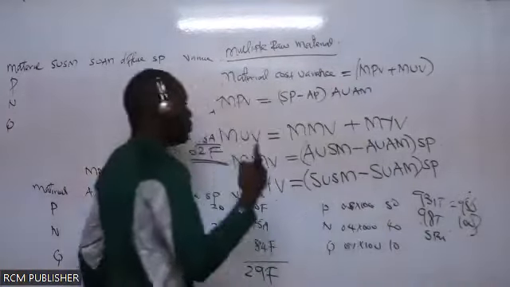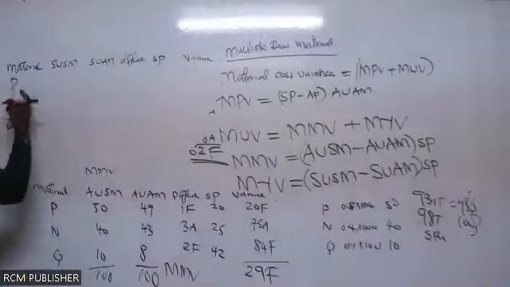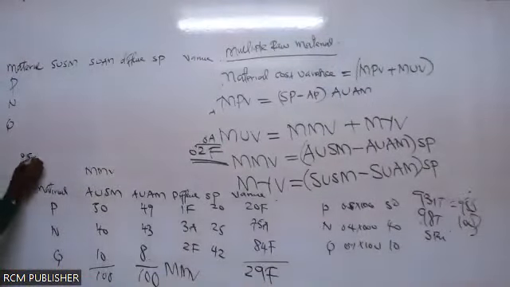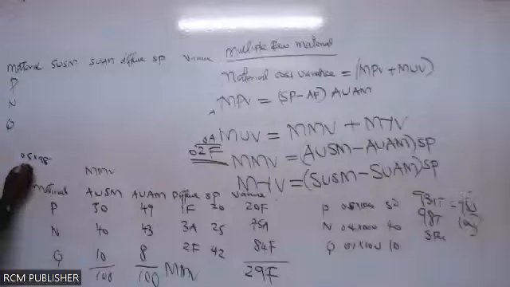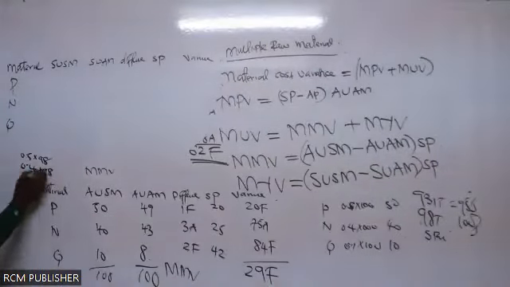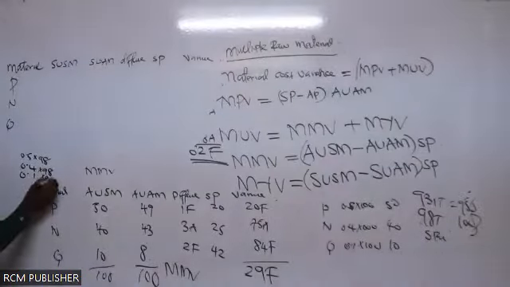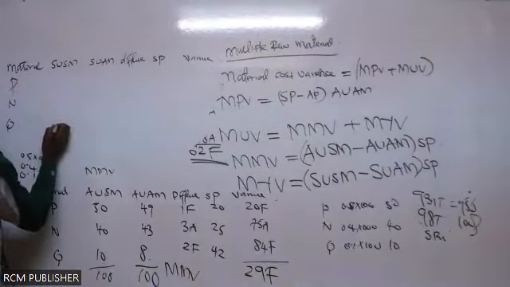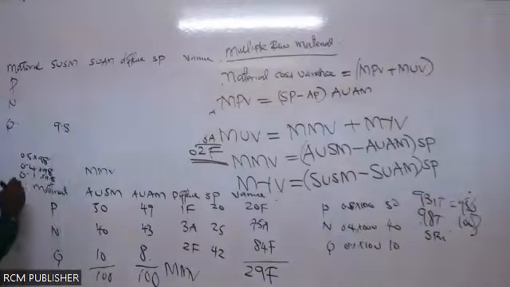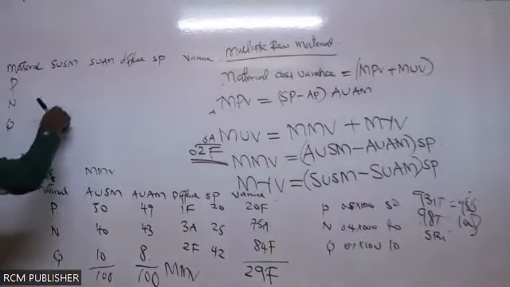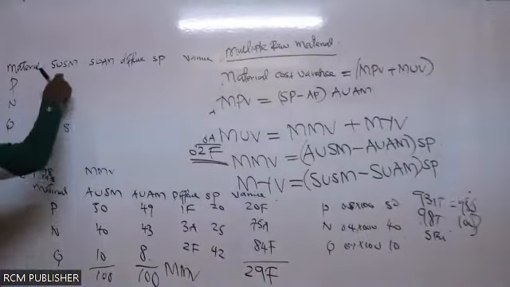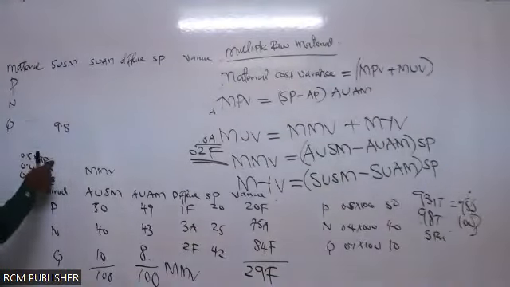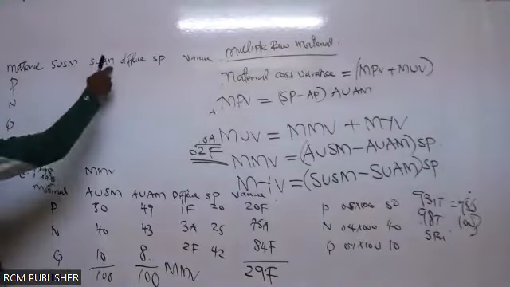So what will P be having? P will be taking 0.5 multiplied by 98, 0.4 by 98, 0.1 by 98, which will give me 9.8. So give me this figure, 0.5 by 98.